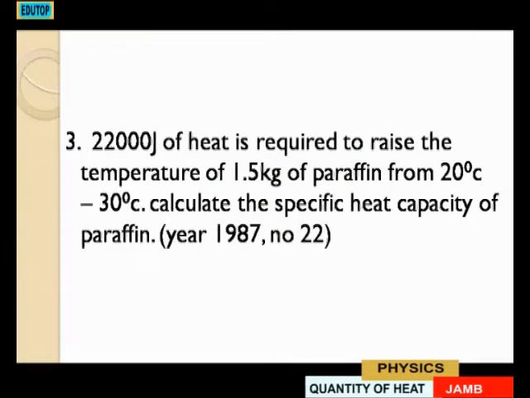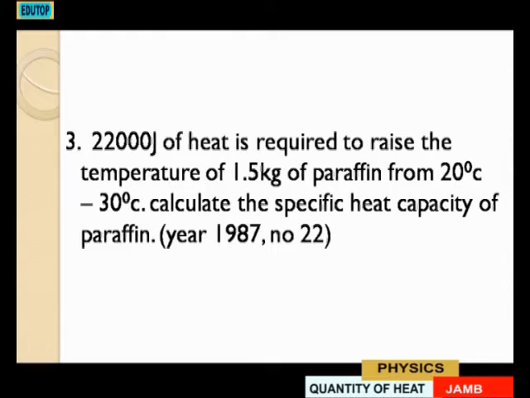Question number 3. 22,000 joule of heat is required to raise the temperature of 1.5 kg of paraffin from 20 degrees Celsius to 30 degrees Celsius. Calculate the specific heat capacity of paraffin.